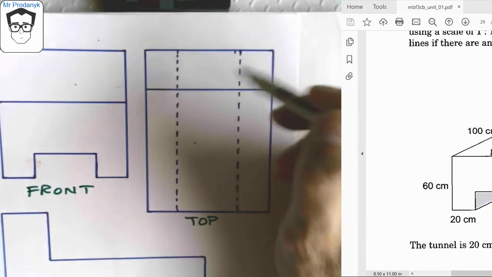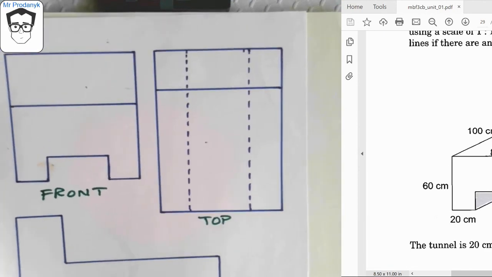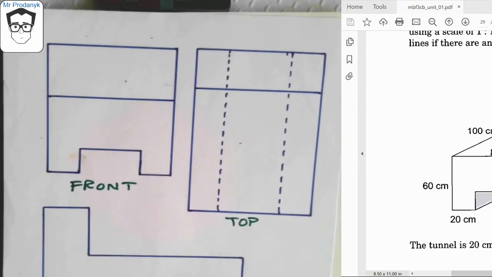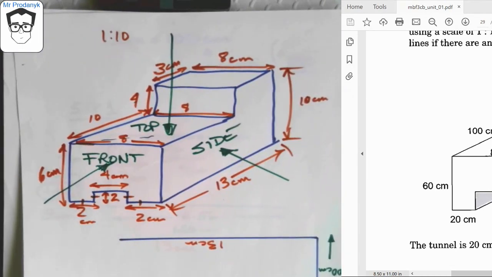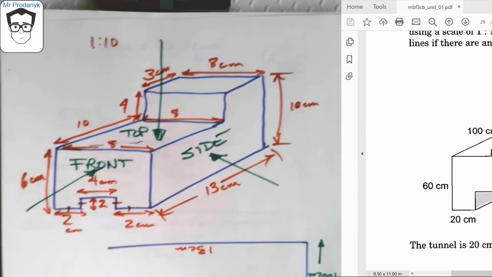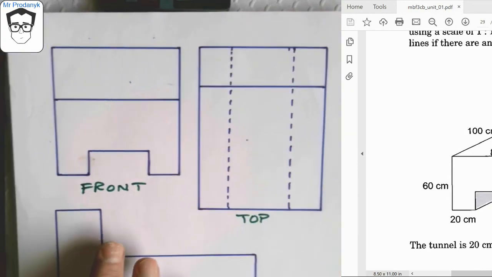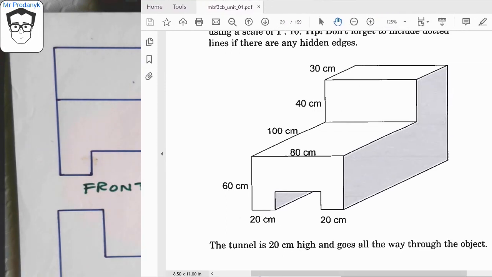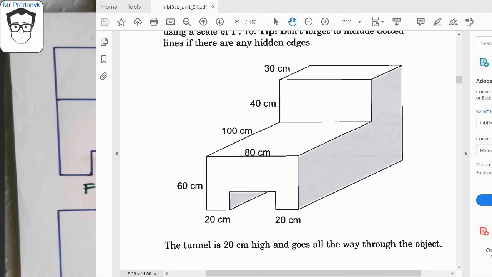There's the channel that goes all the way through the bottom. Okay, so there is the orthographic projection of this three-dimensional shape, top, side, and front. Okay. To scale, 10:1.